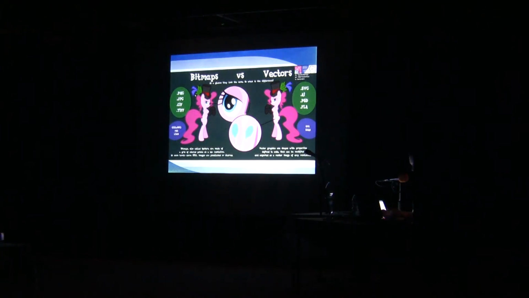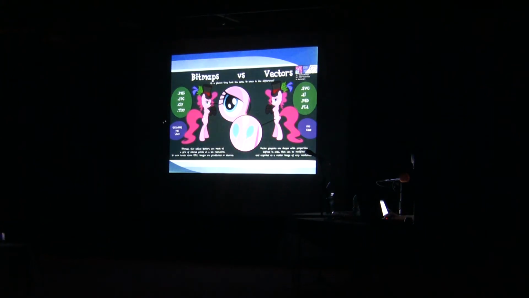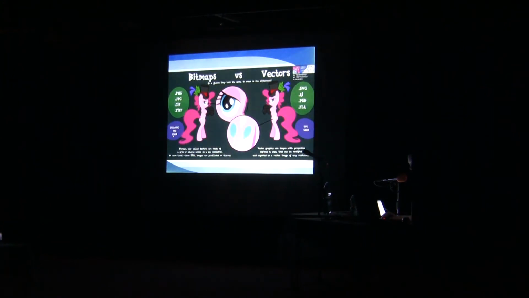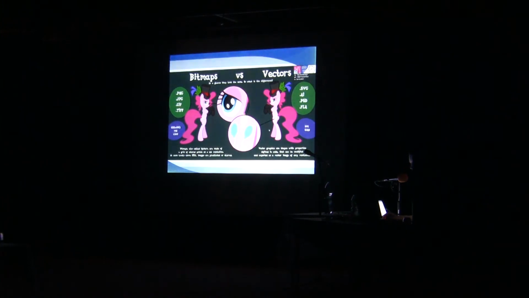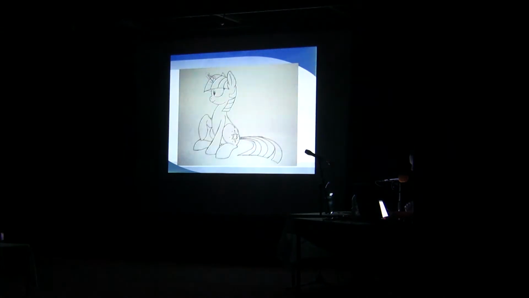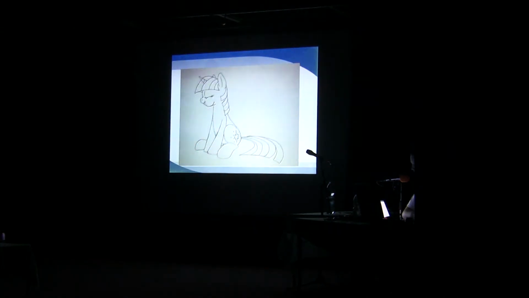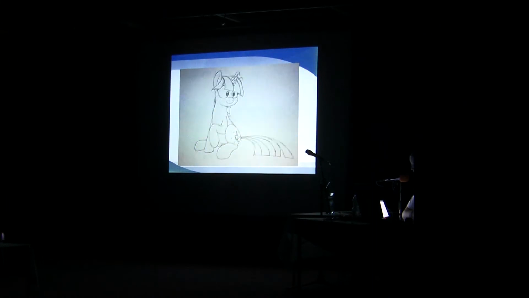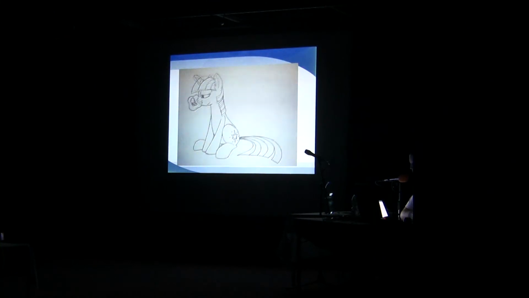But PNG is special because it can also contain layers and also vectors. For example, you can see the PNG resolution is 1.5 megabytes and the SVG only 64 kilobytes. And this is an example of traditional animation, which is done only by pencil and then scanned to the computer.